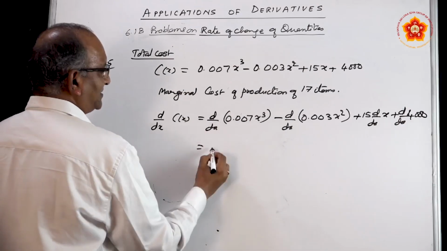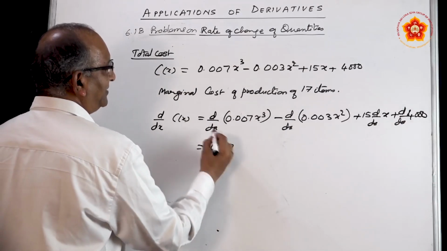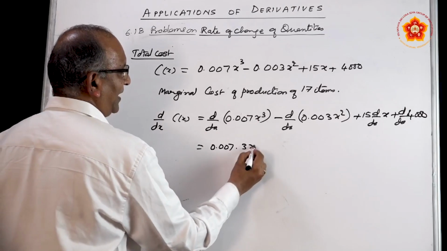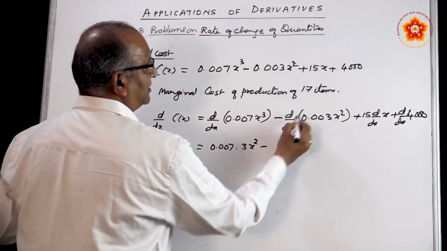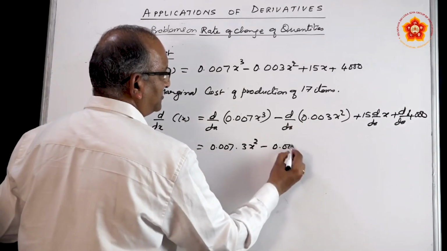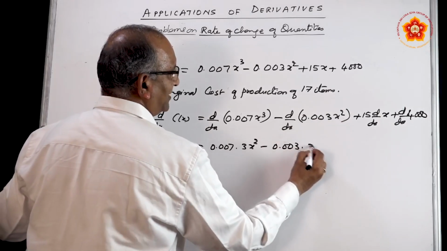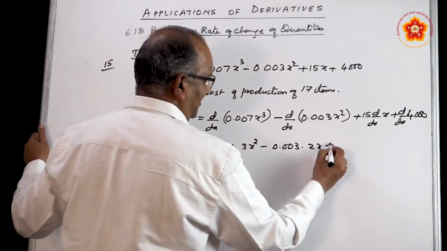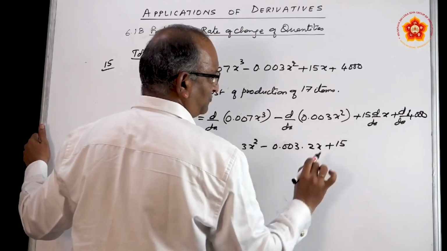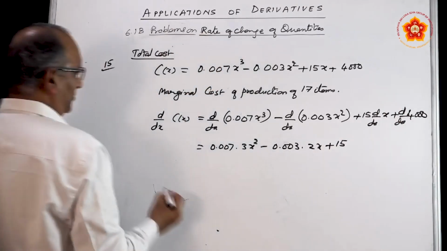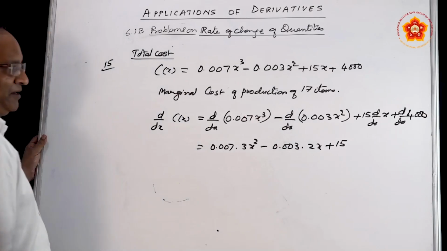Remember, this is a constant, it can be put outside, 0.007. Derivative of x cube is 3x square, minus, this is also a constant, so put it outside, 0.003. Derivative of x square is 2x, plus 15, derivative of x is 1, derivative of constant is 0. This we have to find out.